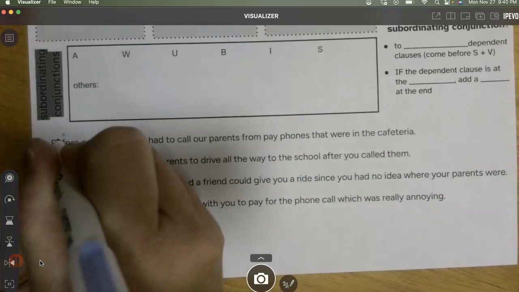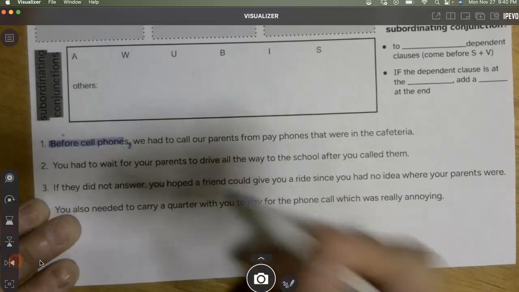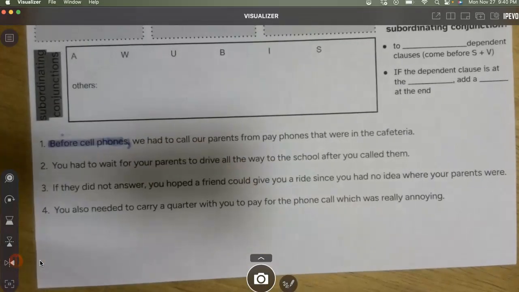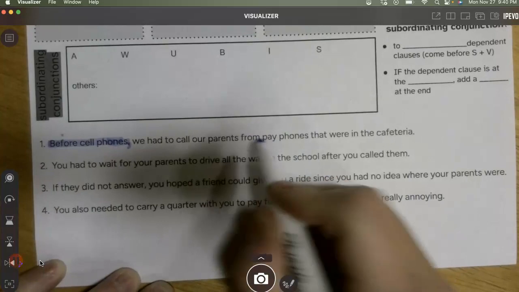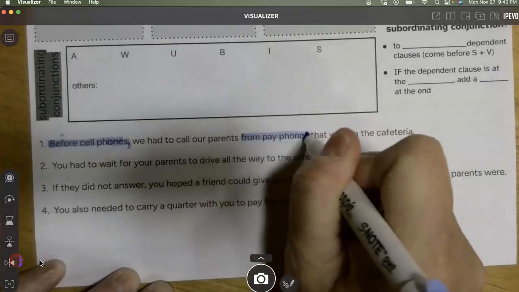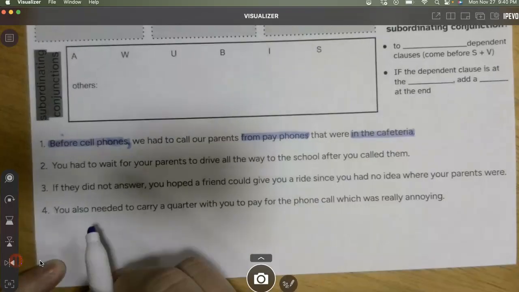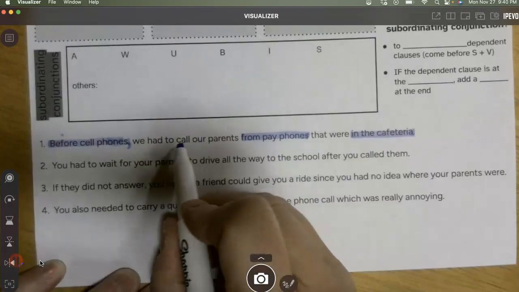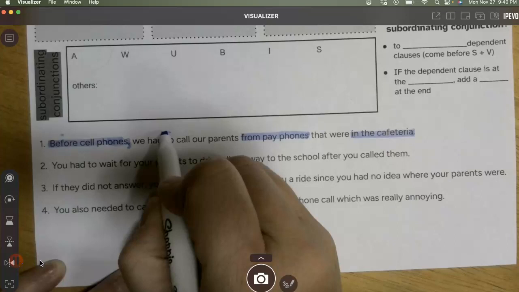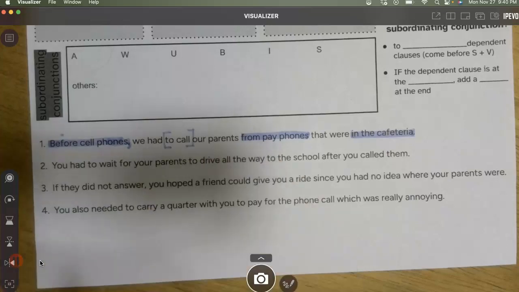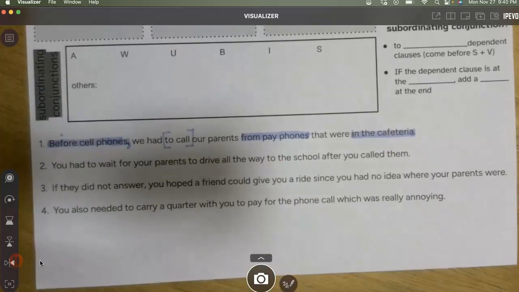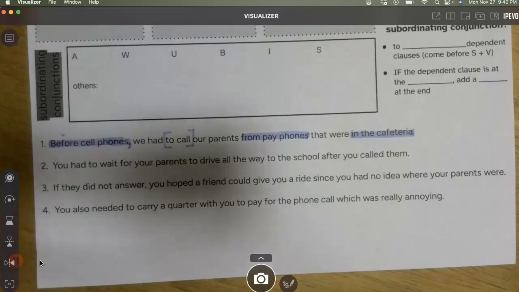So I know that this has to be being used as a prepositional phrase because it's preposition with a modifier and a noun. I see another prepositional phrase, from payphones. I see in the cafeteria. And I see to, and it's followed by a verb, so that must be an infinitive. And we are going to continue to remember that we will never, ever both highlight and bracket. It's one or the other.